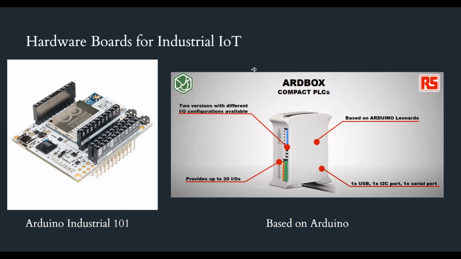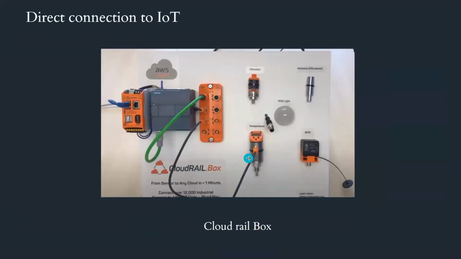So in order to have that internet connection, you need to have another device that connects this PLC to the internet, right? So we need to connect another module that connects the PLC to the internet.